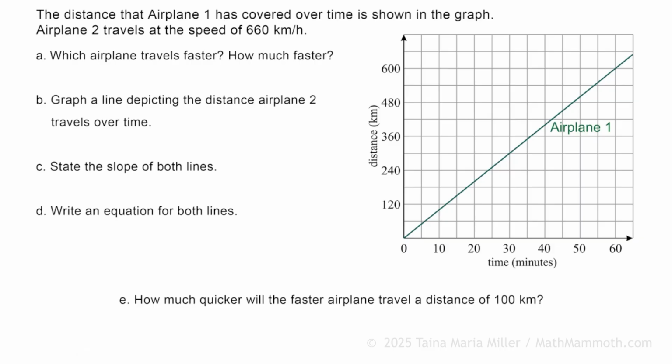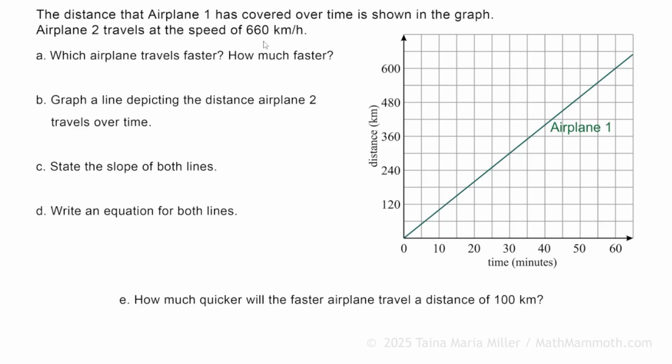Alright, so now let's look at it. The distance that airplane 1 has covered over time is shown in the graph, and then airplane 2 travels at the speed of 660 kilometers per hour. Which airplane travels faster? We're given the speed of airplane 2. And to find the speed of airplane 1, we can read it from the graph.